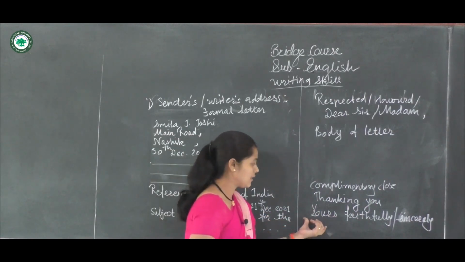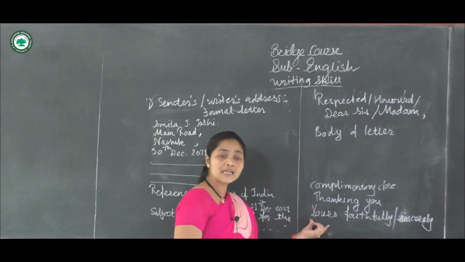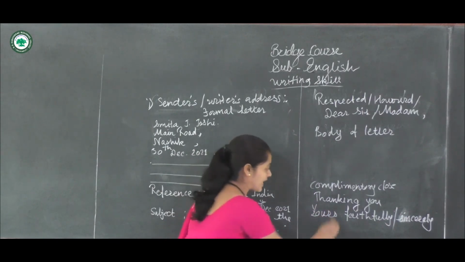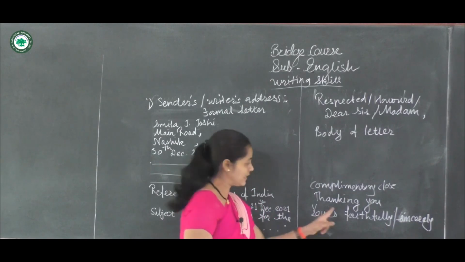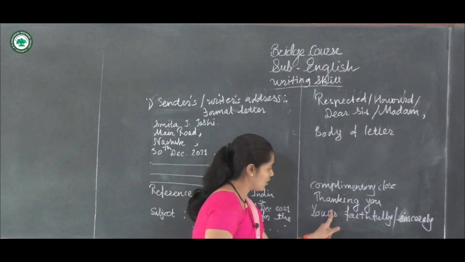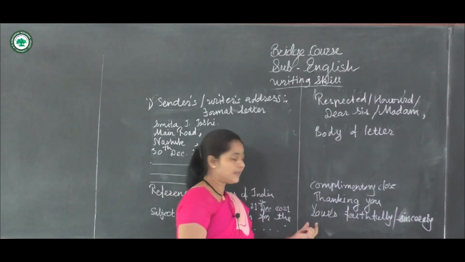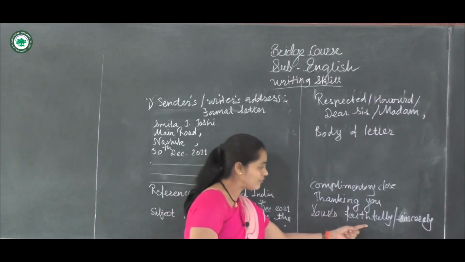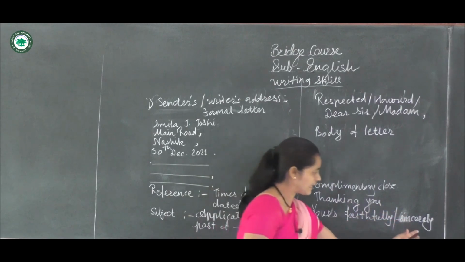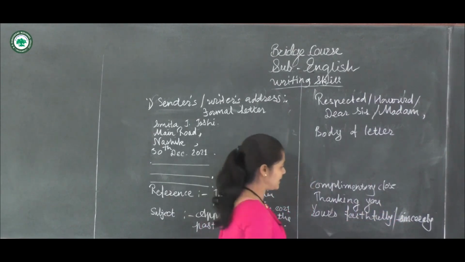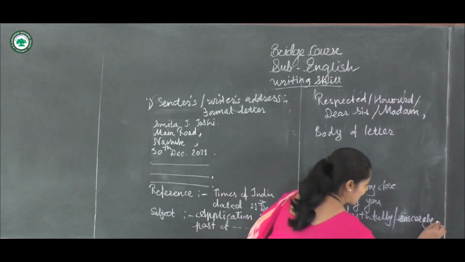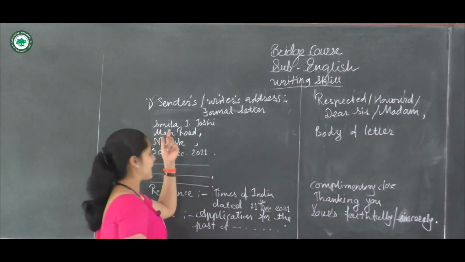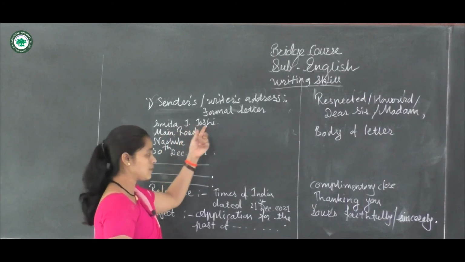Now, don't write yours with an apostrophe like that, it's wrong. Its meaning is wrong. What's correct is yours faithfully or yours sincerely. After the signature phrase you put a comma and write your name, that is Smita J. Joshi.